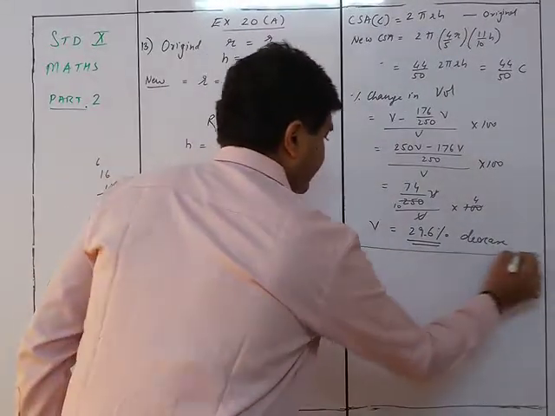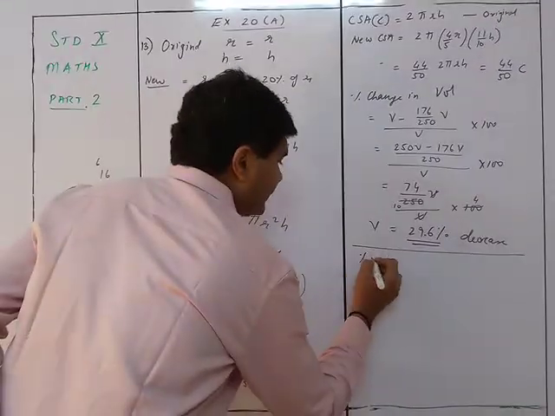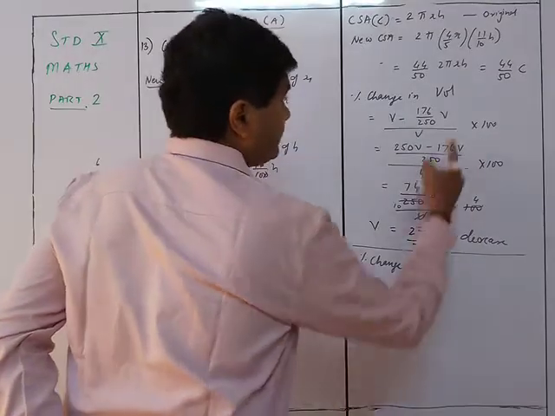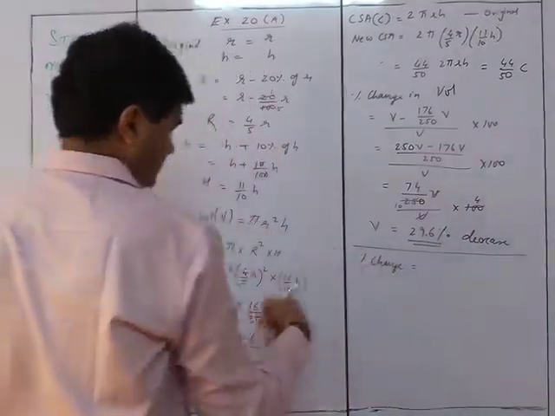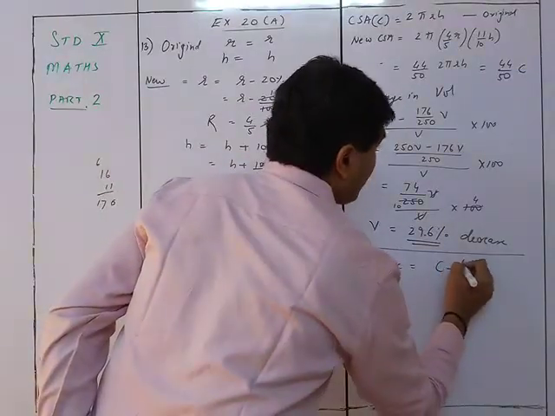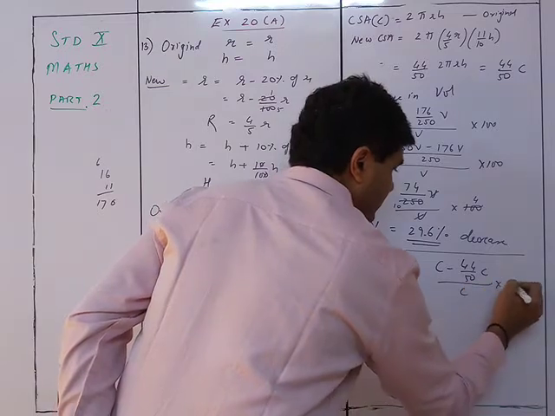And the second one is the CSA difference. Percentage change is equal to C minus 44 upon 50 C, upon C, into 100.